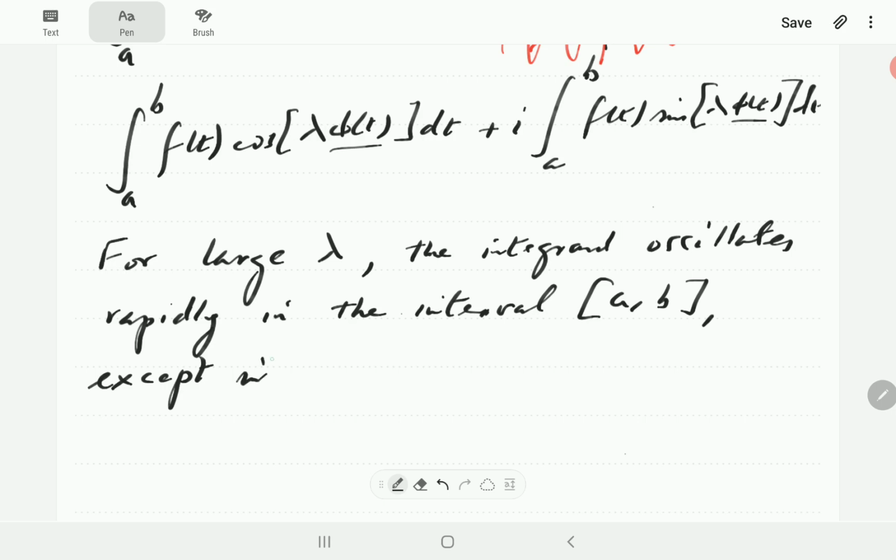So let's say, except in the region where phi of t is varying slowly.